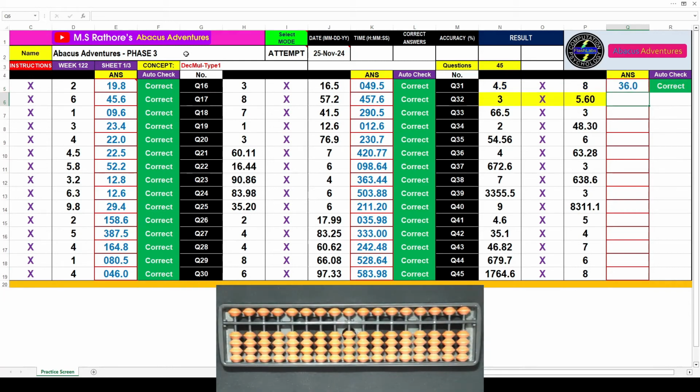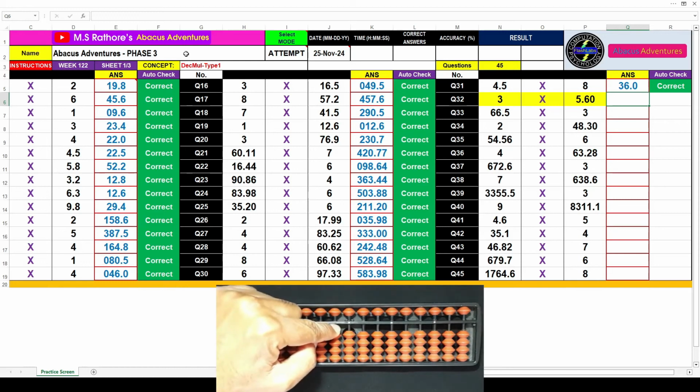Question number 32. Refreshing the rules once again. The multiplicand has a normal single digit value. The multiplier 5.60. There is one value before the decimal point, that is the integral part has one digit here. So one digit of the multiplicand and one digit of the multiplier. 1 plus 1 is 2. Let's take our odd number 2 on the abacus tool. Let's forget the decimal point here and take both the values as normal values, that is 3 multiplied by 560, not 3 multiplied by 5.60.